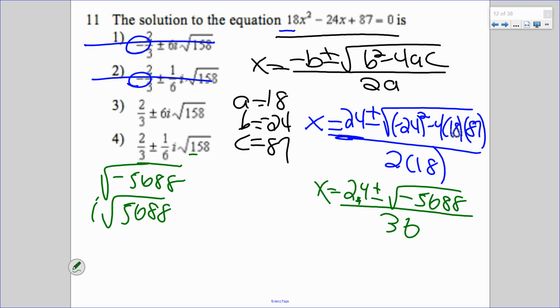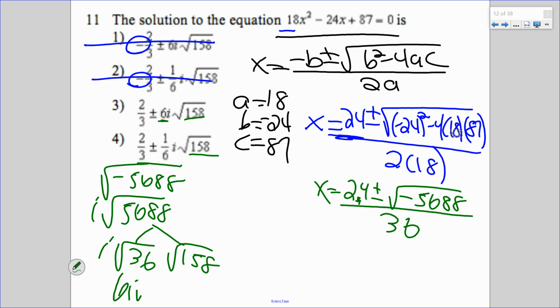I see this 158 here, so I'm assuming that my non-perfect square is going to be 158. So then I can just divide 5688 by 158 to find my perfect square. Because I see the 6 here, I'm assuming it's going to be 36, but I don't want to assume anything because I don't want to get a question wrong on the Regents. Sure enough, it is 36, which makes it 6i radical 158.